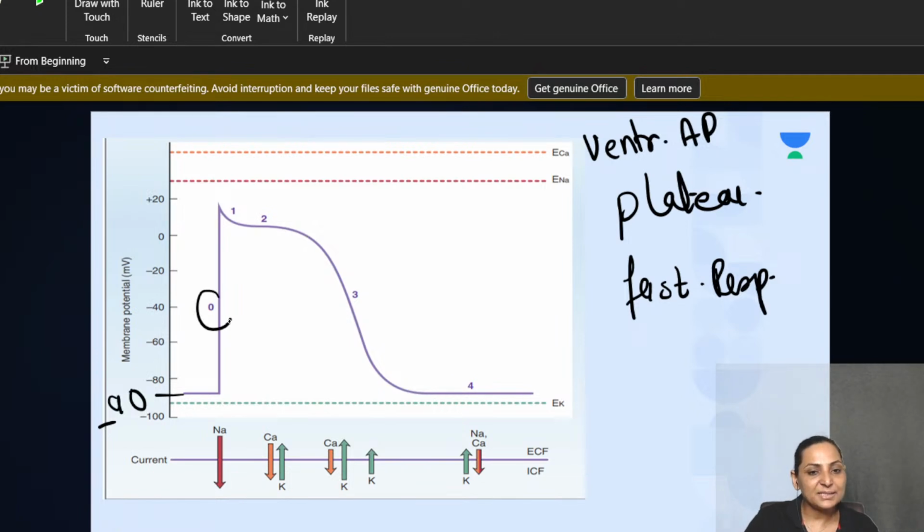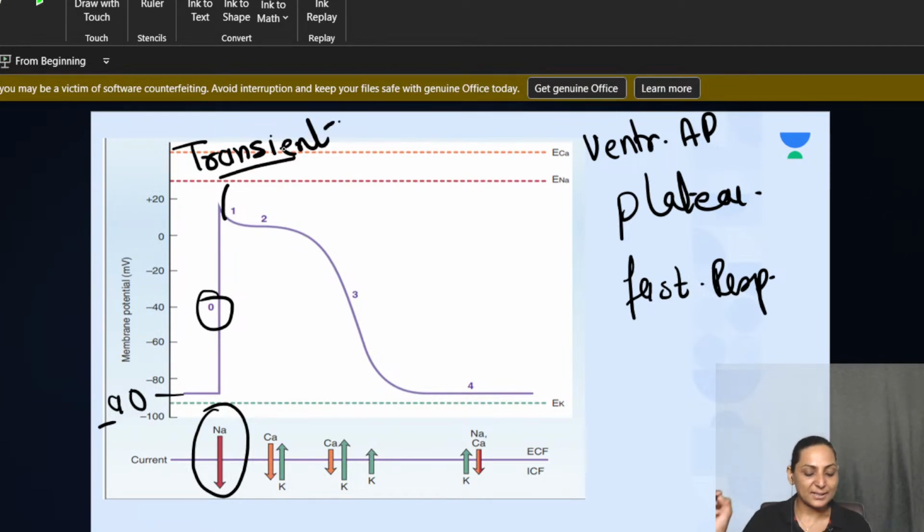Now the phase 0 is depolarization, which is, you can see, because of the conductance of the sodium ions. You get an initial repolarization because of the transient potassium channels which open up and result in the efflux. But immediately there is a plateau.